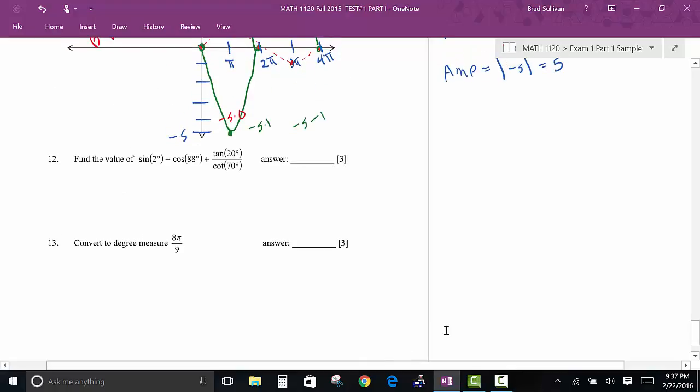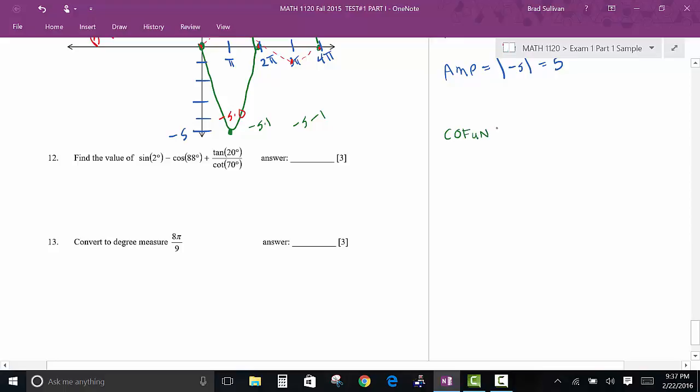Okay. To finish this up now, what this number 12 is testing you on is the idea of a cofunction. Okay, so one thing that we learned is the sine and the cosine are cofunctions. So notice that 2 and 88 are complementary angles. So we learned that the sine of 2 degrees is the same as the cosine of its complement.